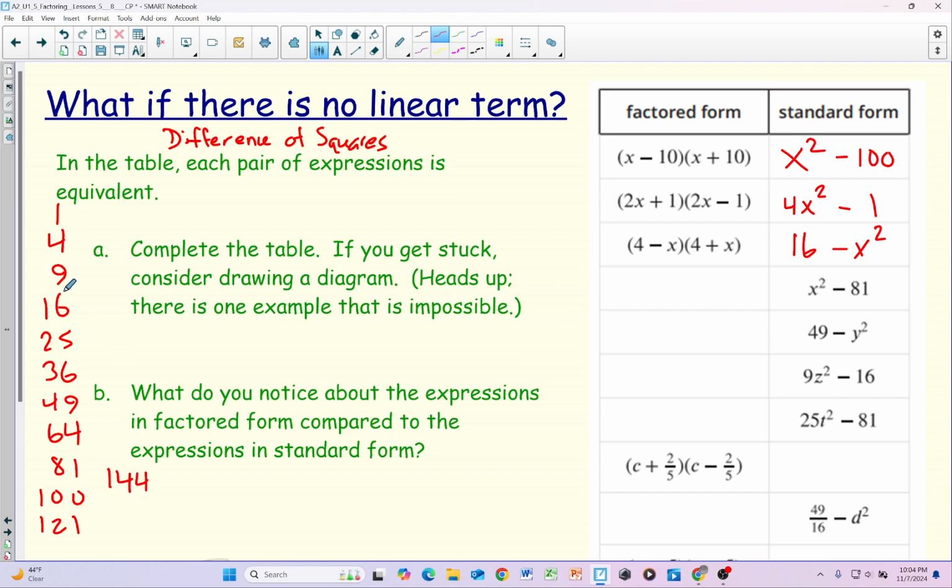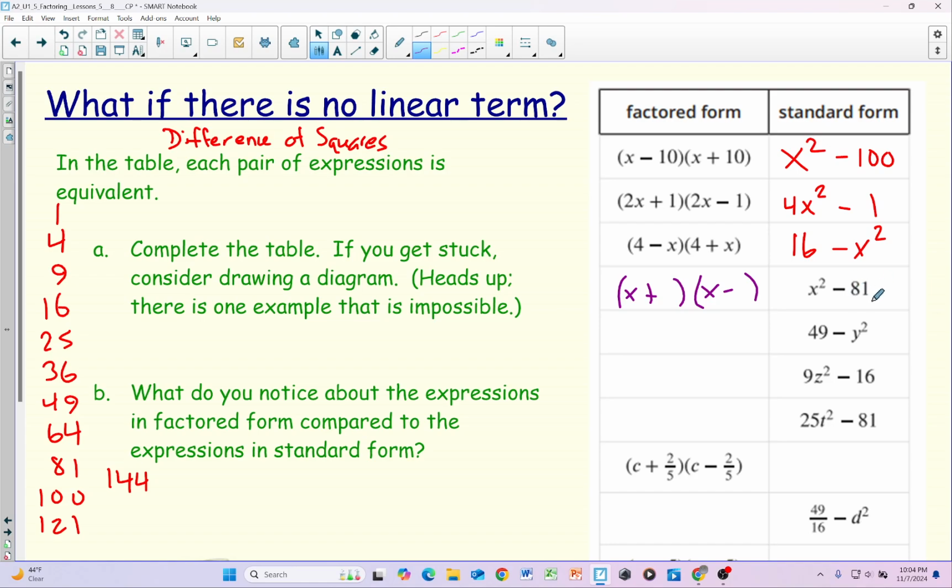But for now, let's try factoring. So if I have x squared minus 81, what terms are going to multiply to give me the x squared and the minus 81? Well, x squared is x times x, just like with regular factoring. But because we have no middle term, we know that we're going to have two of the same number.